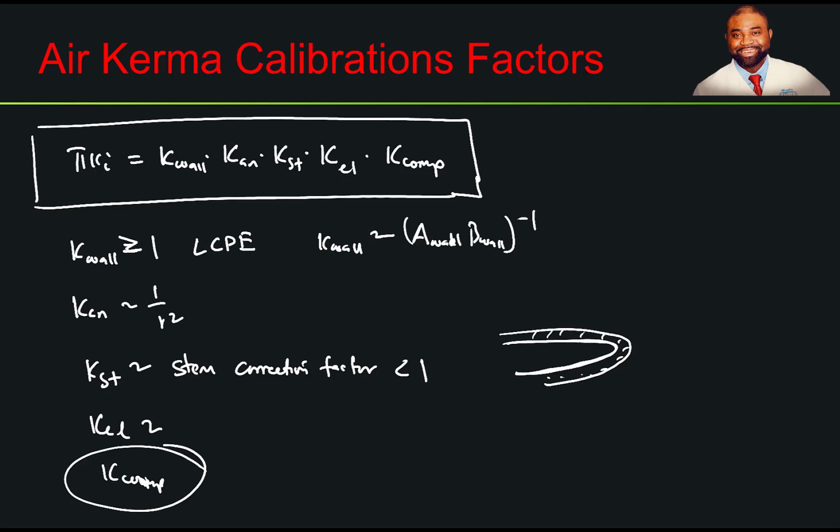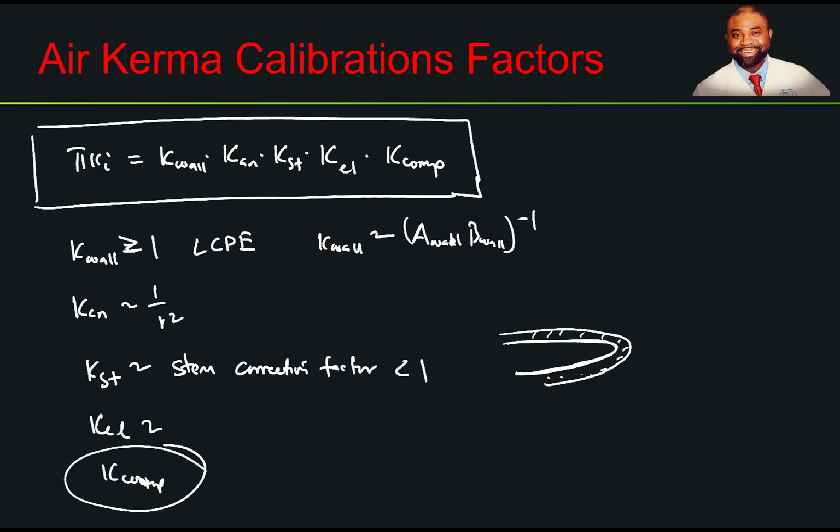K-elect has to do with the fact that we have an electrode that is made of a material different from the chamber walls.